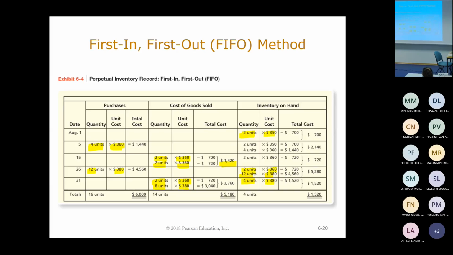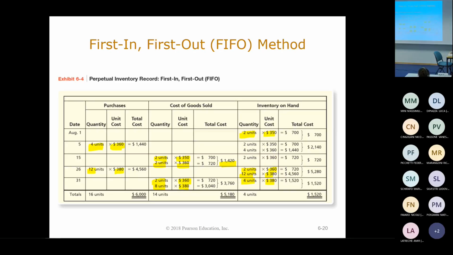So you're estimating the ending inventory as closely as possible, but you're somehow understating the cost of goods sold because it's based on the old values. It's difficult to get both the cost of goods sold and the ending inventory close to current prices when prices are increasing.